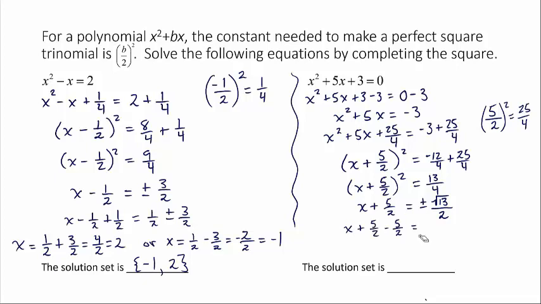So I'm going to have x plus 5 halves minus 5 halves equal to negative 5 halves plus or minus square root 13 over 2. So x is equal to negative 5 plus or minus square root 13 all over 2. The solution set is going to be negative 5 minus square root 13 over 2, or negative 5 plus square root 13 over 2.